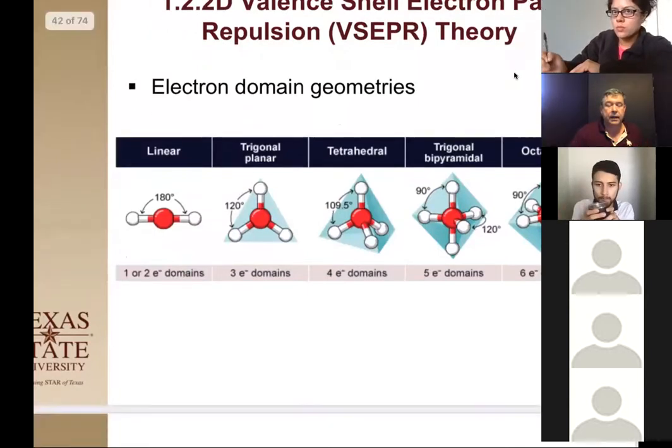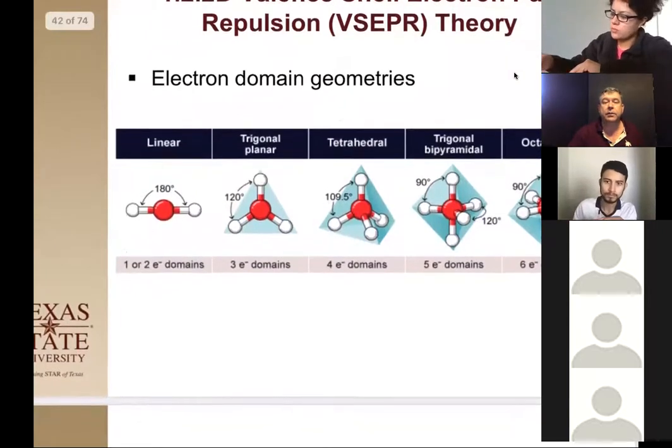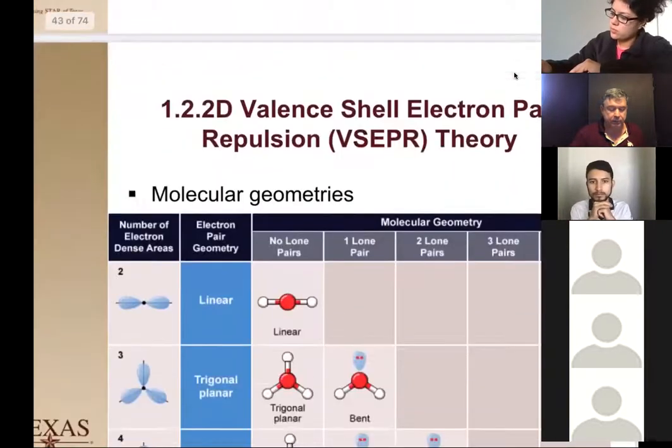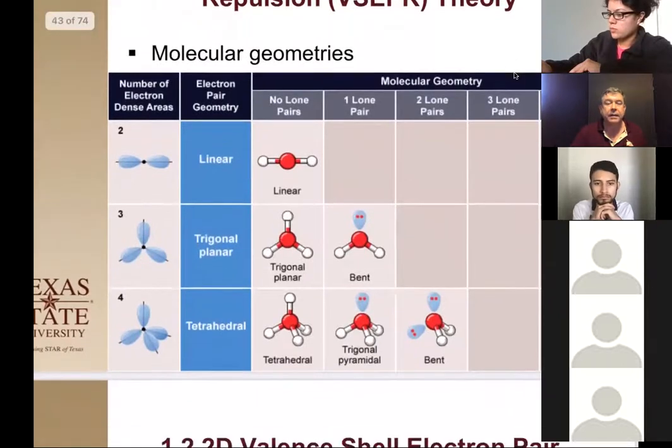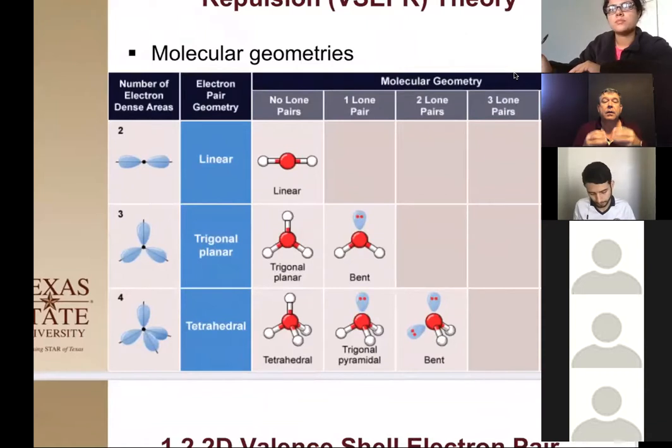So now let's look at how the molecular structure changes as we start bonding to these. In the case of 2 electron density areas, or 2 electron domains, we actually end up only having a single molecular geometry associated with that.